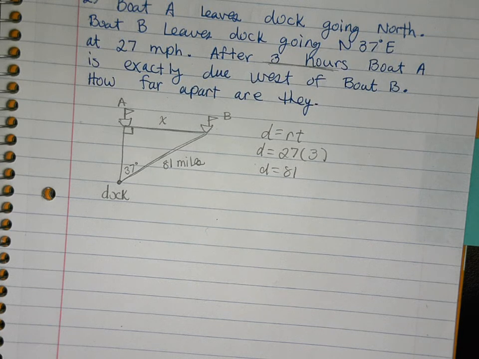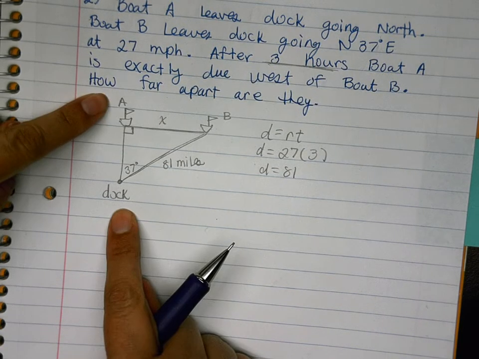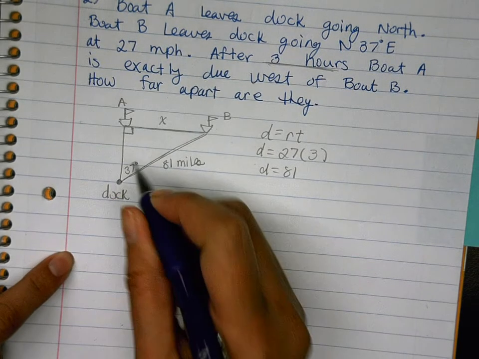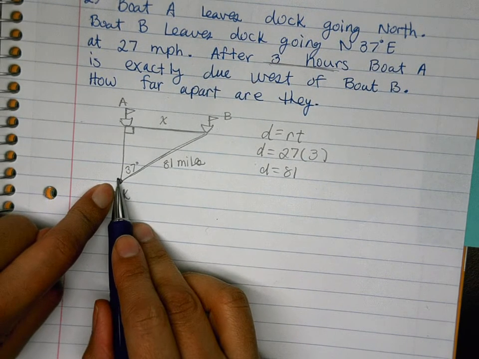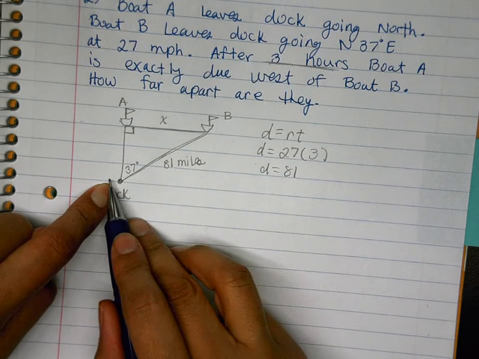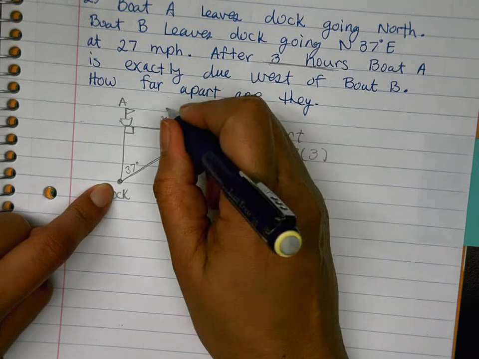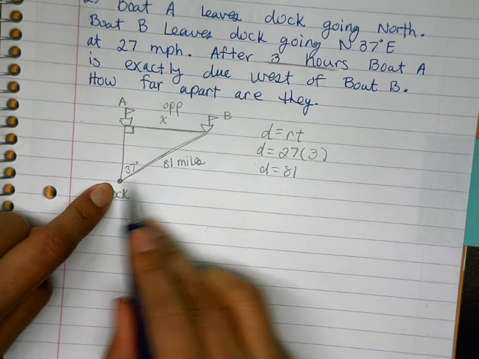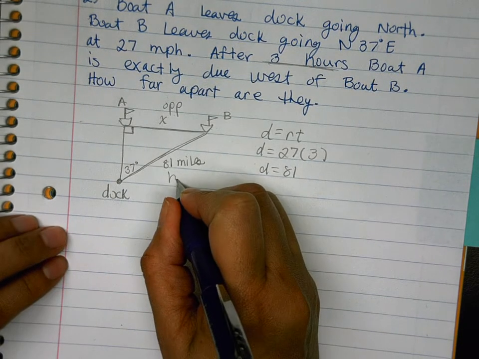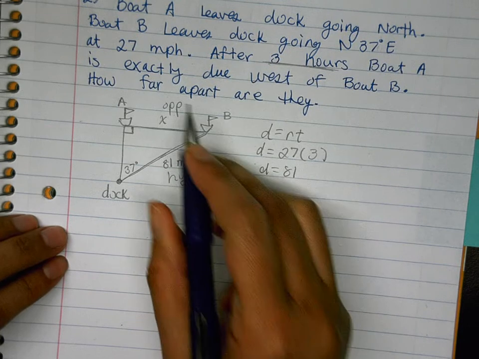Now do we have enough information to find x? Yes, because we have a right triangle. We can use SOHCAHTOA. In reference to the 37 degrees, what is x? Opposite, adjacent, or hypotenuse? Opposite. What is 81? Opposite, adjacent, or hypotenuse? Which one deals with opposite over hypotenuse?